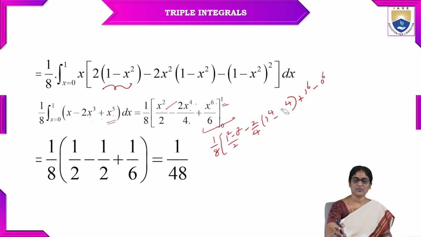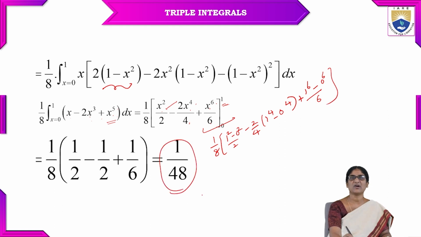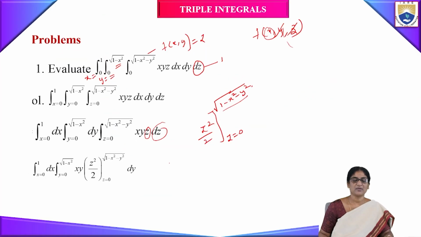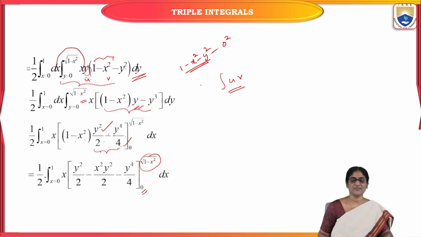It is not 2, the lower limit is 0, right? 0 to the power of 6 by 6. And upon calculating, the value is 1 by 48. So this is how we can do the problem of triple integrals in Cartesian form.